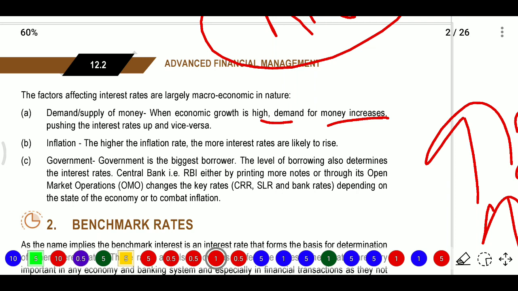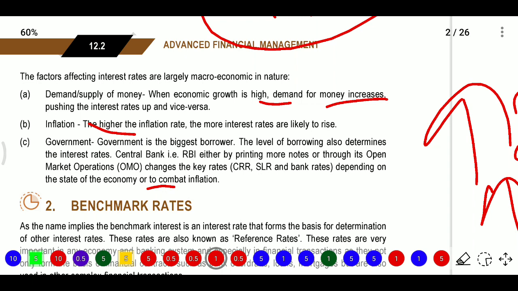Another one is inflation: if the inflation rate is higher, then higher interest rates will be raised. Another factor is that government is the biggest borrower, and the level of borrowing also determines the interest rate. For example, the central government, that is RBI, either by printing more notes or through its open market operations, changes the key rates, that is CRR, SLR and bank rates, depending on the state of the economy or to combat inflation. So the factors that affect interest rates are demand and supply of money, inflation, and government decisions.